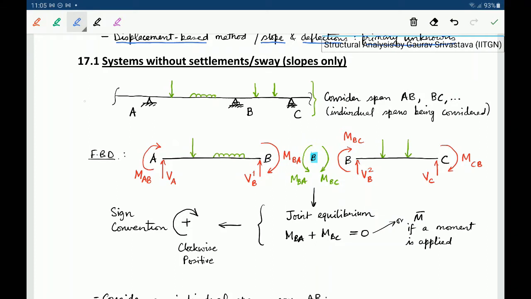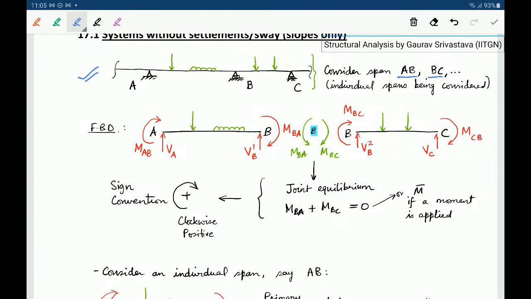So let's consider a continuous beam as shown here, with, let's say, two spans AB and BC. This is something we did earlier as well, for example, the three moment equation. If we draw the free body diagrams of AB and BC, there are three diagrams.